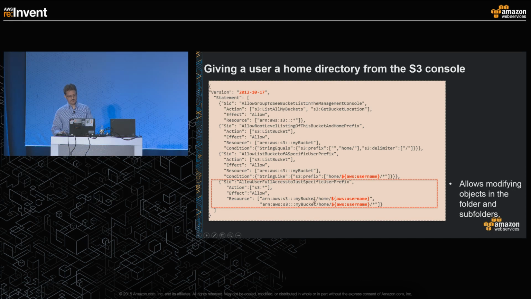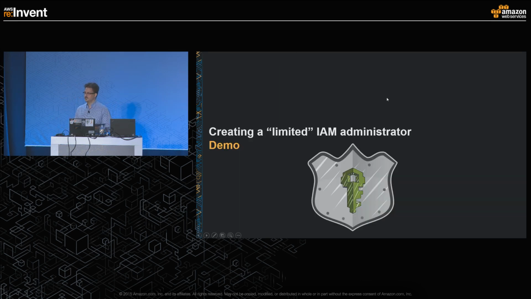This last one basically says you can have access to the root of that folder, or you can have access to all the subfolders or all the objects in that folder. Any of you who are S3 experts, what I'm really saying is you can get all the objects in that bucket that match a certain prefix filter. Okay, so that's how you grant access to a home folder in S3.